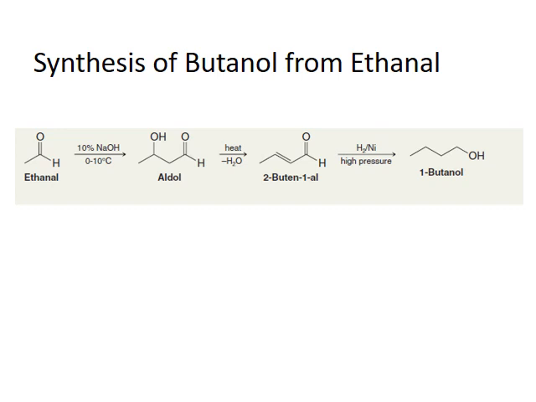Note that low temperature here is important, because at higher temperature dehydration takes place. Here aldol product heated gives 2-butenal, alpha beta unsaturated aldehyde, which can be easily reduced by hydrogen in Raney nickel at high pressure to give 1-butanol.